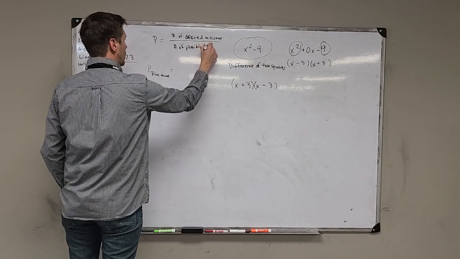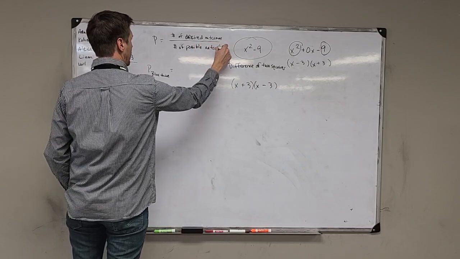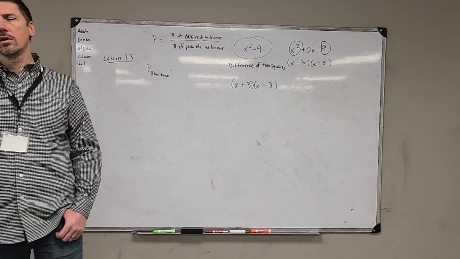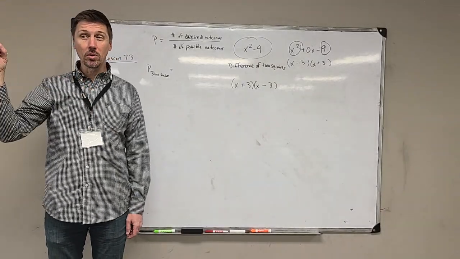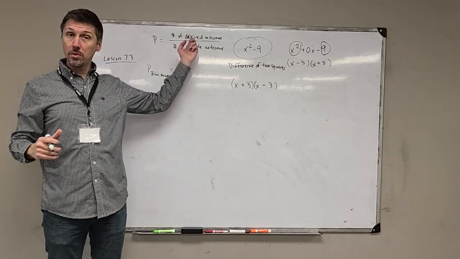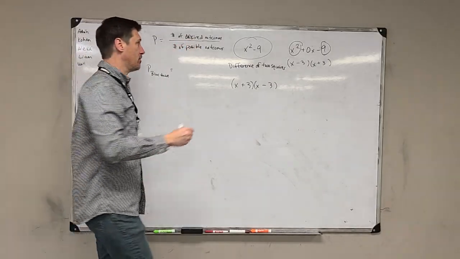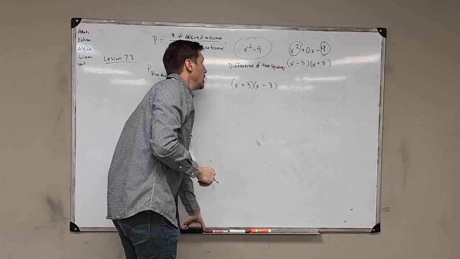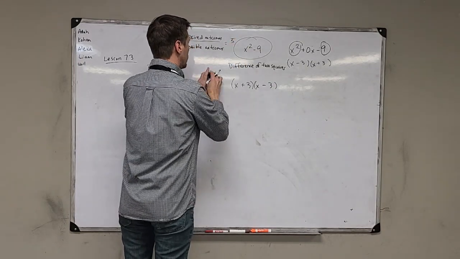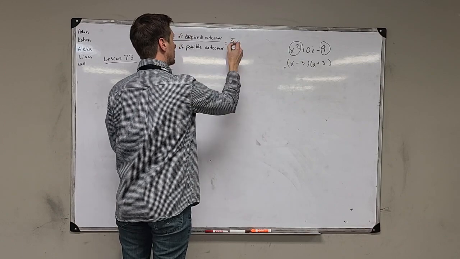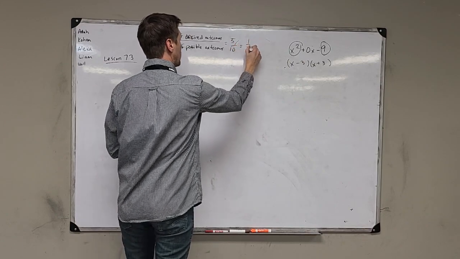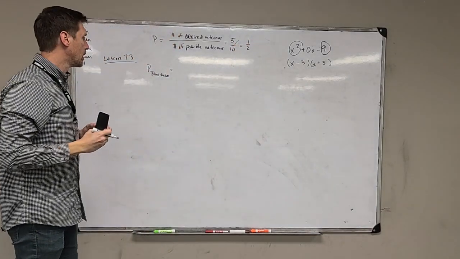So we've got a bag full of 10 marbles, half are blue, half are red. What's the probability of me picking one blue? Well, there's 5 that are blue, so my desired outcome is 5, right? And the possible outcomes, there's a total of 10 marbles, so my total probability there would be 1/2, right?